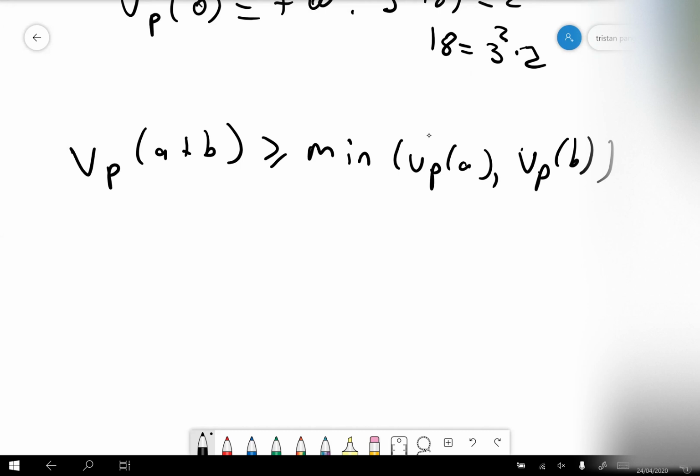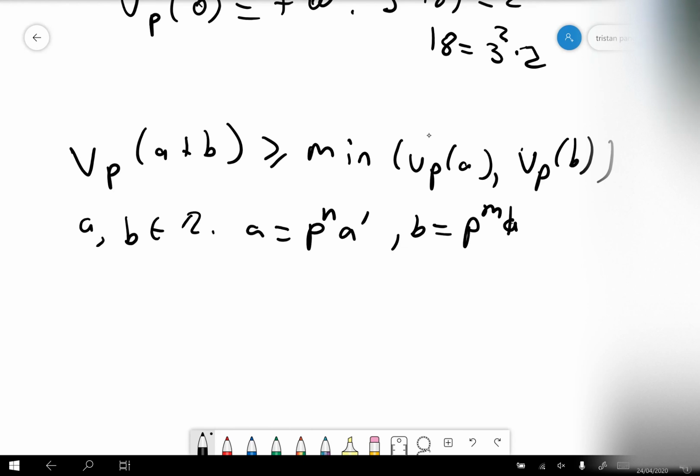So we let a and b be in the integers, and we write a as p to the n times a prime and b as p to the m times b prime, where a prime and b prime are co-prime to p.